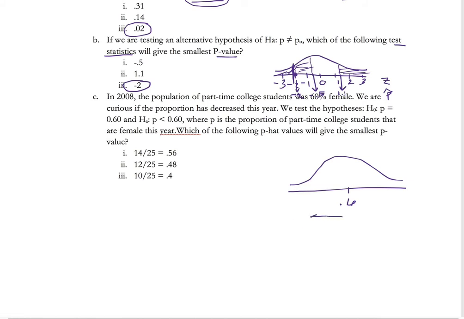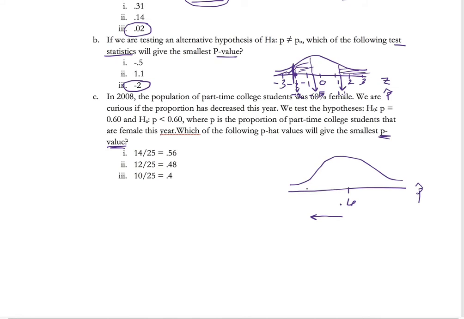So we're going to have possible sample values to the left. We're looking for a decrease, so the alternate hypothesis is that it's less. Which of the following p-hat values, meaning a number along the horizontal axis here, will give the smallest p-value?